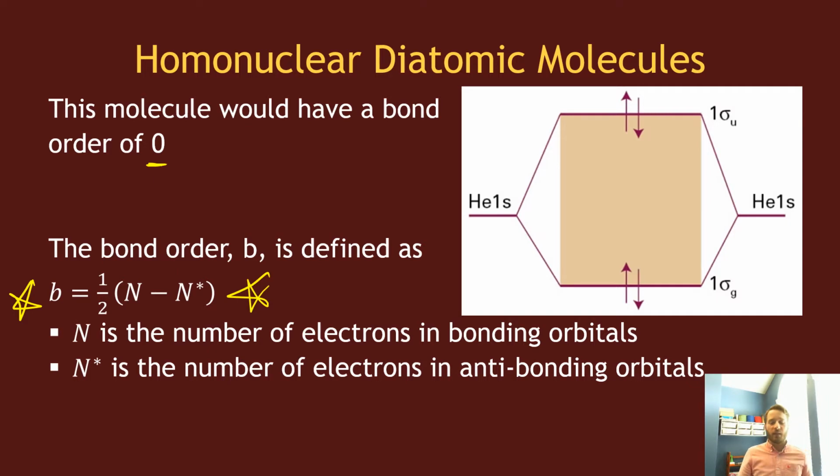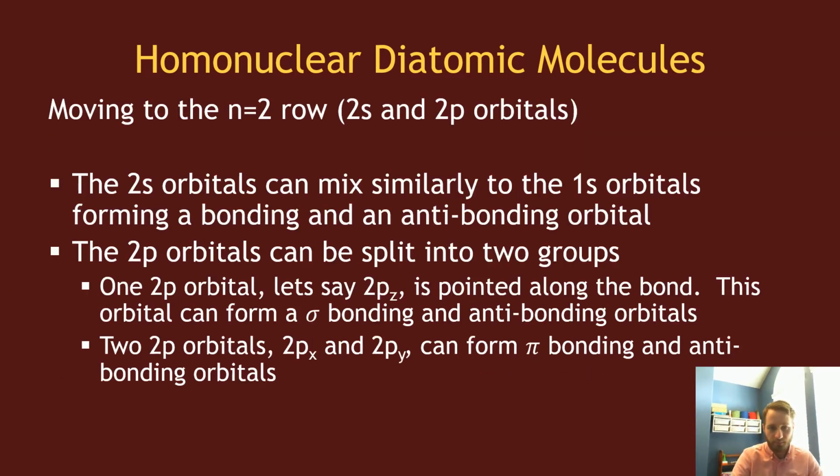Bond order is a very useful qualitative tool to give us a sense of how strongly two atoms might be bound together, and whether or not they are bonded at all. For example, the helium dimer has a bond order of 0, so it would be non-bonded and wouldn't bind at all.